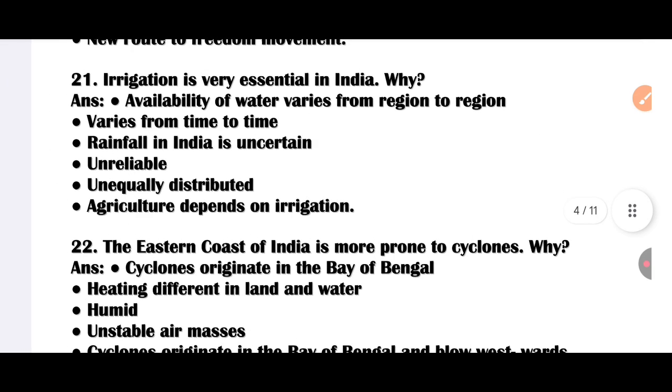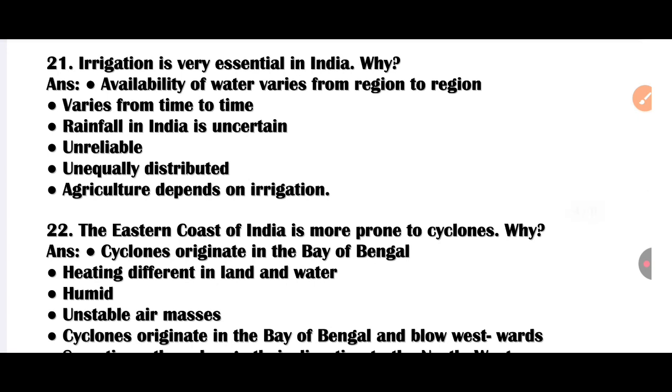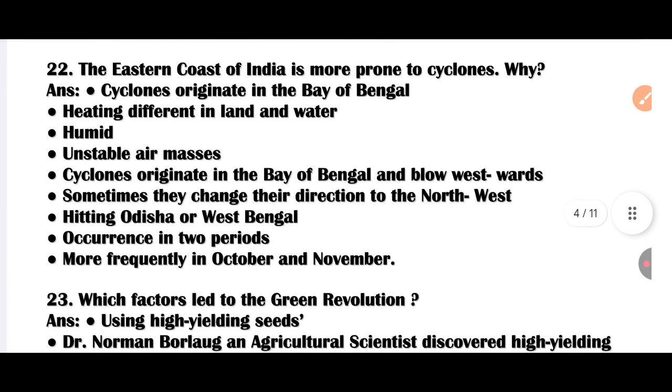Next question: irrigation is very essential in India. Why? Availability of water varies from region to region, varies from time to time. Rainfall in India is uncertain, unreliable, unequally distributed. Agriculture depends on irrigation. The eastern coast of India is more prone to cyclones. Why?